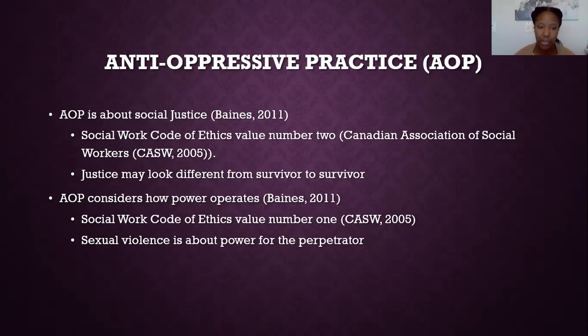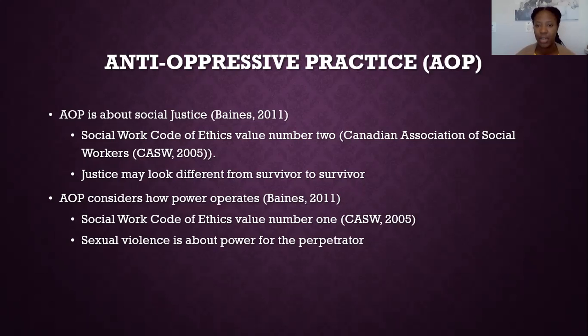So the Code of Ethics, value number 1, says to uphold each person's right to self-determination, consistent with that person's capacity and the rights of others, right? So again, power is giving someone the power to speak about who they are, how they feel. Not every person that has experienced sexual assault experiences it the same way. And so AOP, again, is an impetus for providing power to people who have otherwise not had it.